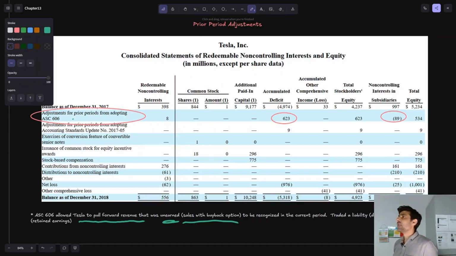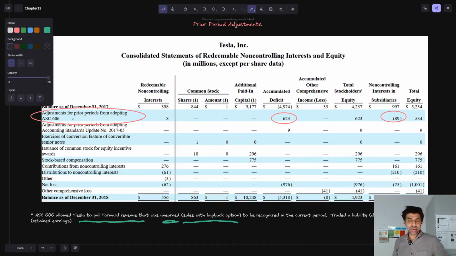Okay, so for whatever reason, the standards for how to account for this changed. And it sounds like it's more aggressive, to allow a company that is first booking unearned revenue and has to recognize revenue over time to now just let them recognize all of it as revenue up front. We'd have to look into the details. I don't know the details of ASC 606, that's the accounting rule.